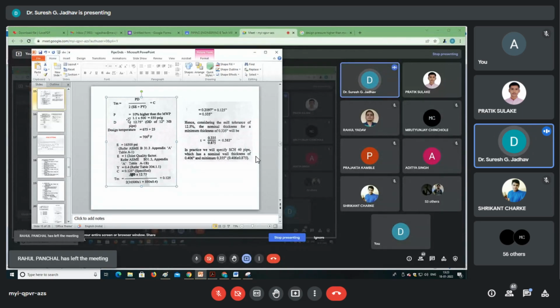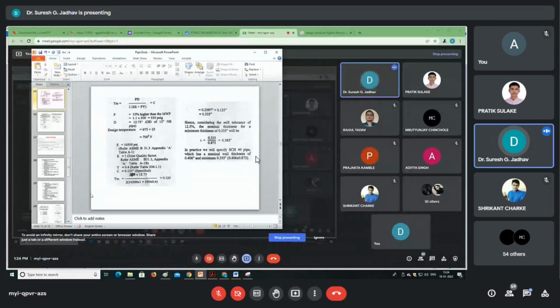In piping design pressure, we have to consider some variations, that is 10% to 25% plus variations in design pressure. So based on that, this allowable stress can vary.